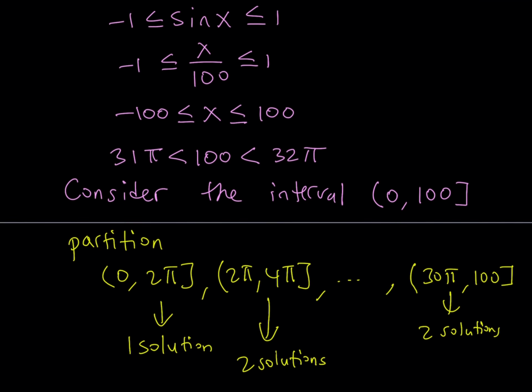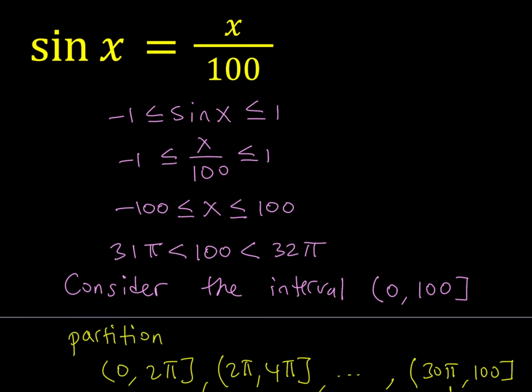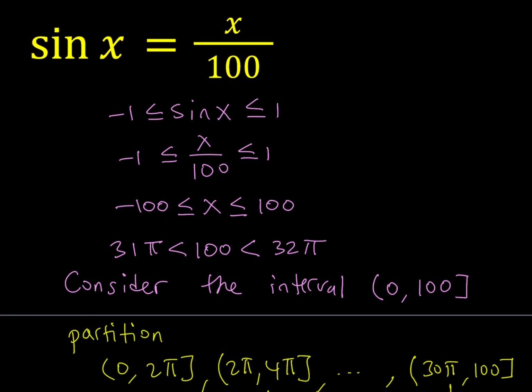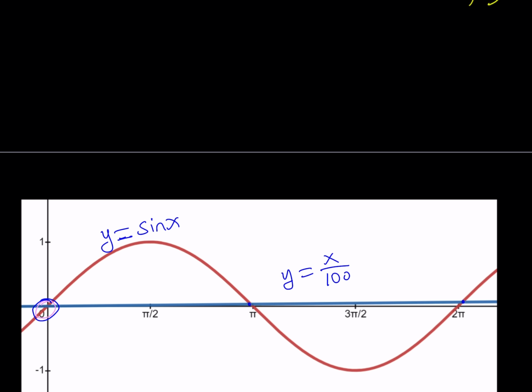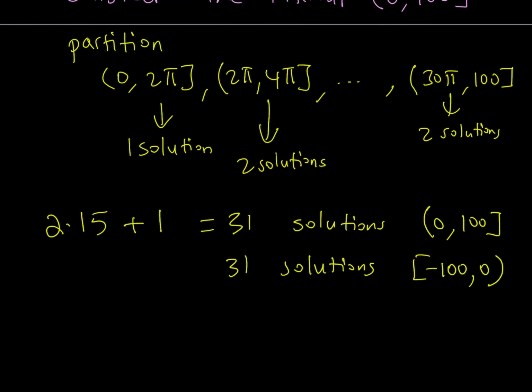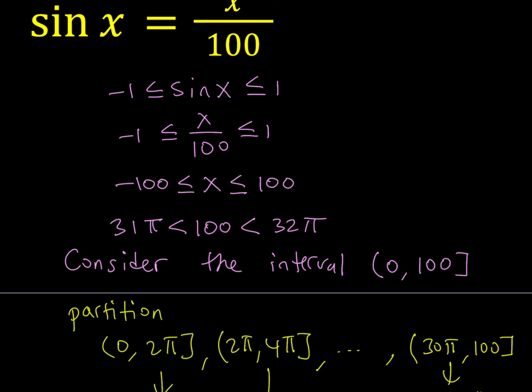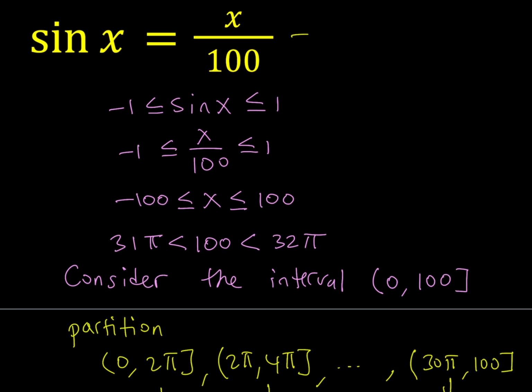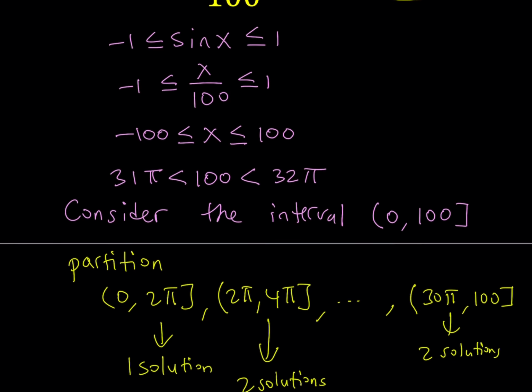If you look at the function carefully, sine x equals x over 100, x equals 0 is a solution. And you could see that on the graph here too. 0, 0 is a solution. So we do have one solution from there by setting basically this equal to 0. We're getting x equals 0, and x equals 0 is a valid solution.